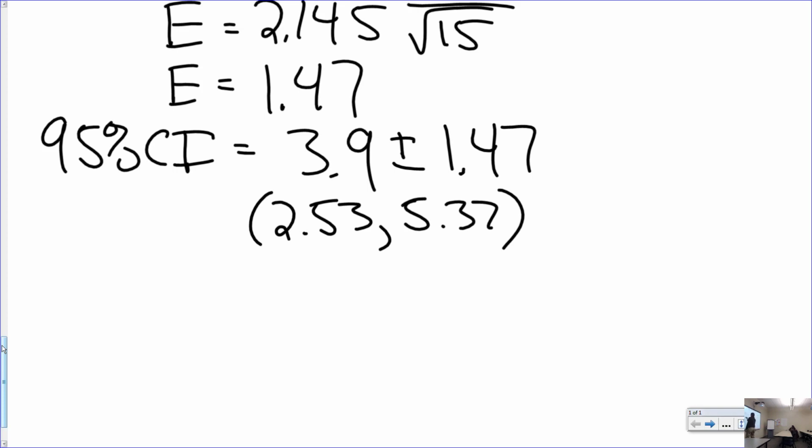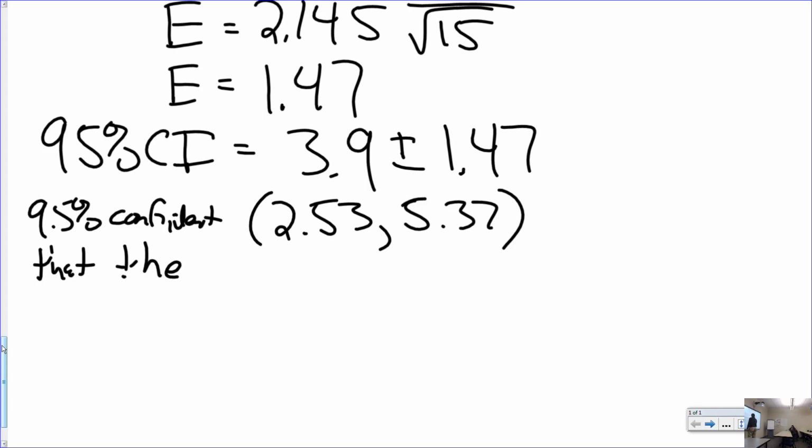And so again, we are basically 95% confident that the true increase is somewhere between 2.5 and 5.37. So does it make sense for them to say that 3 is a reasonable number? Yeah, and not only is it a reasonable number, but it's actually on the lower end, right?